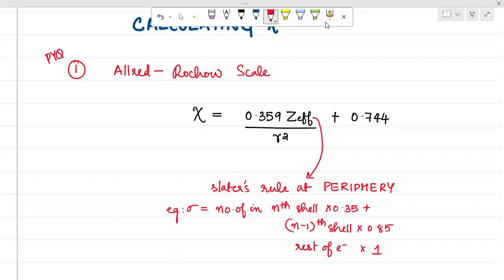Because we have taken periphery, we just take number of electrons in nth shell into 0.35. There is no minus 1. Please pay attention to that. And r square over here is in Angstrom units. Important, you have to learn the equation.